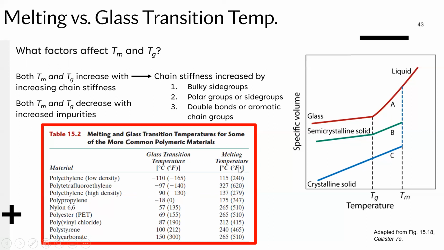Now, this part is really important because it gives you a view of all the materials around you that you see in daily life, all the materials that you will be using in your applications in your future careers. How do they perform under different temperature conditions?